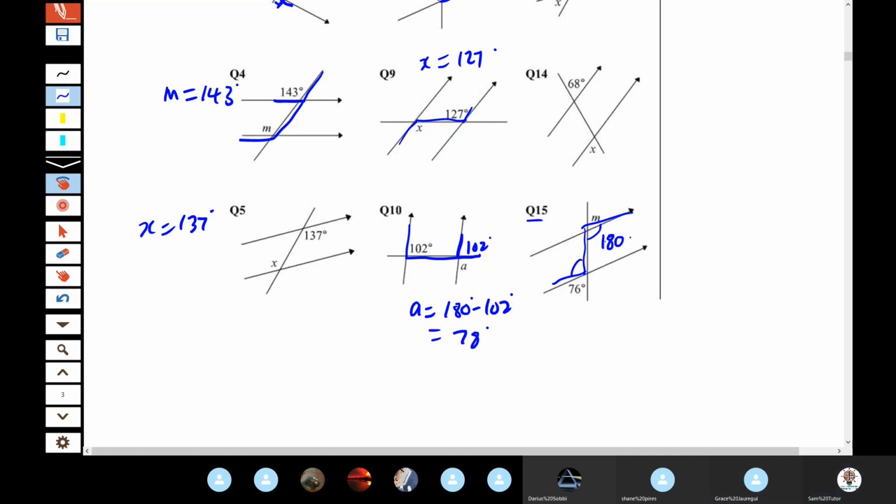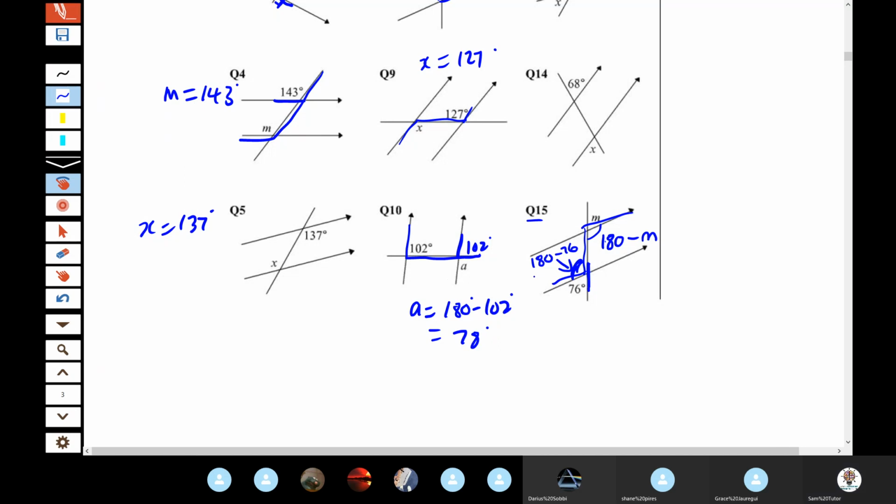180 minus what? Minus M, because that's 100 degrees. Take away M would give me. And what about here? What would this be? 76. Over here? No, again, that's a straight line, so you have to do 180 take away 76. So that's 104.